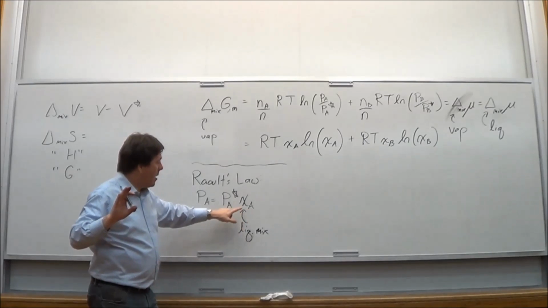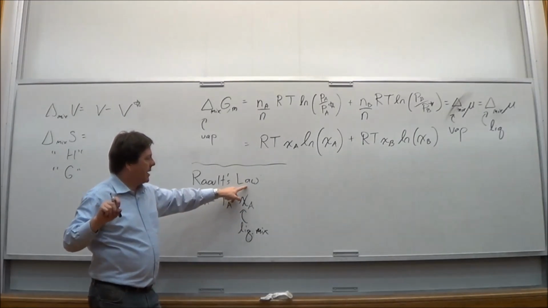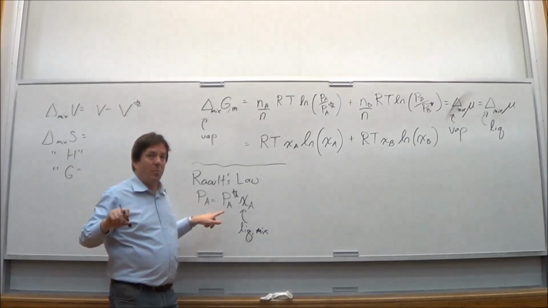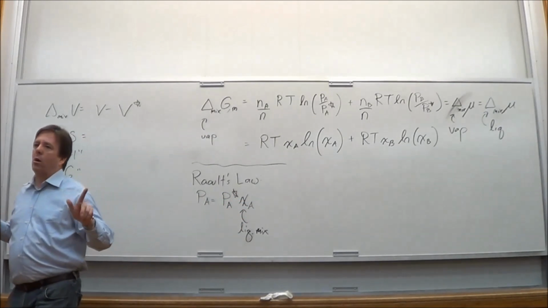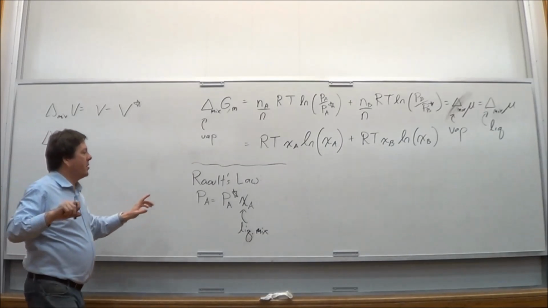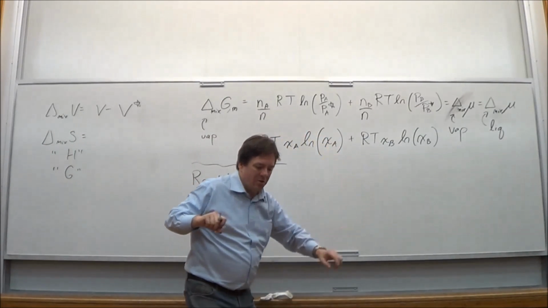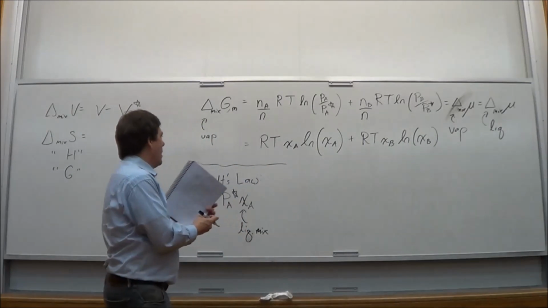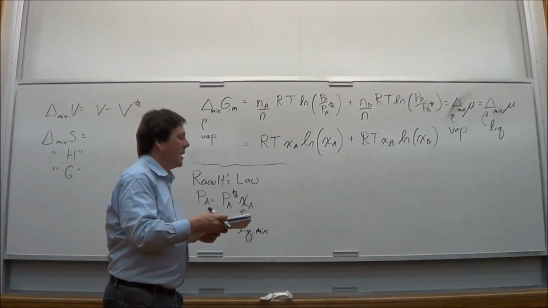So I'm going to make this approximation, and more idiotically, I'm going to call it a law. And by the way, as I said last time, this approximation is a horrible approximation. So this is really pretty much wrong. It does define something called an ideal solution.